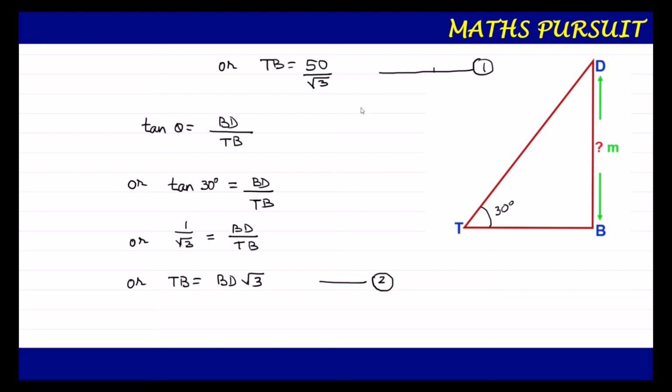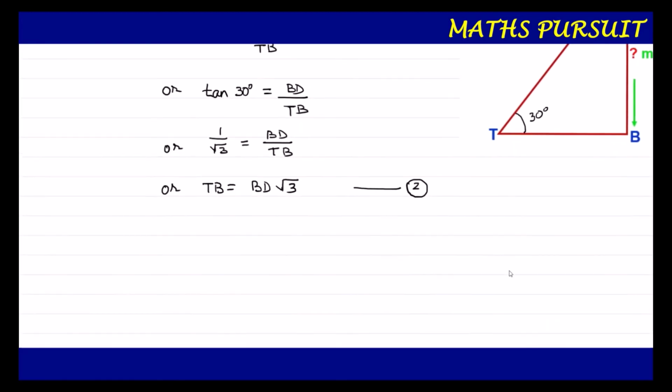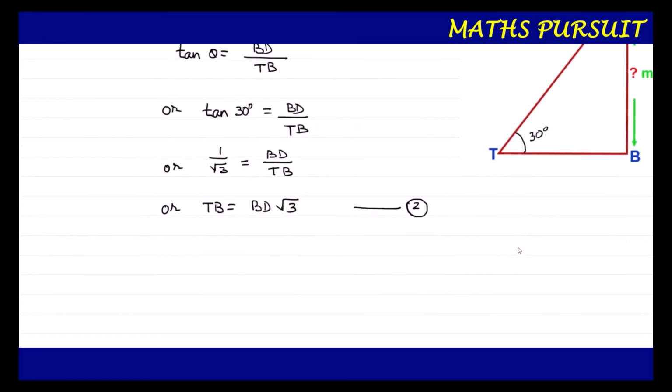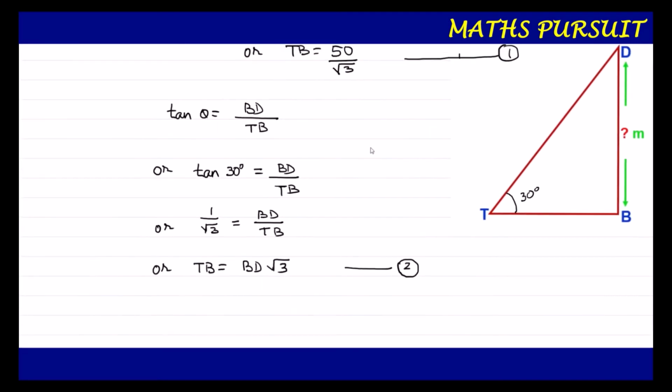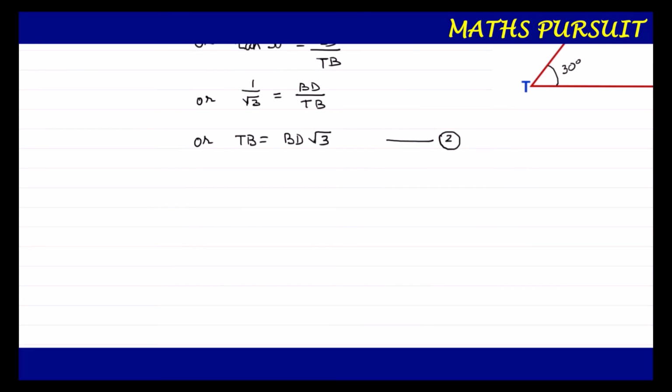Now if you look into both the equations, in one equation we got TB is equal to 50 upon root 3, in the other we got TB is equal to BD into root 3. As for both the values of TB we got some figure, I can write equation 1 is equal to equation 2, that is 50 upon root 3 is equal to BD into root 3.